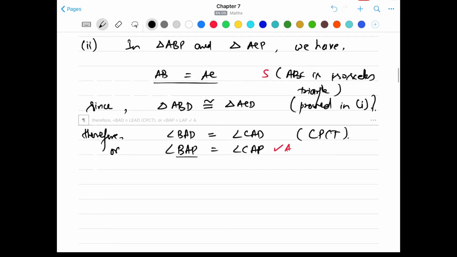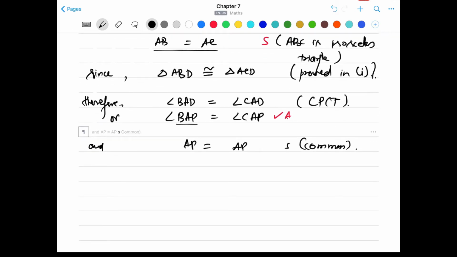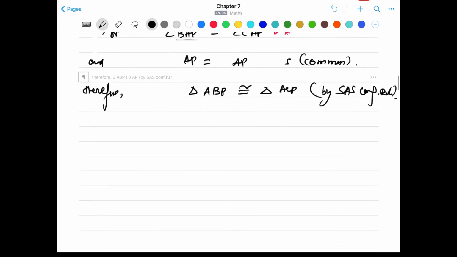So we'll write AP equals AP, which is common for both triangles ABP and ACP. And so we got the third side here. So by side angle side, therefore triangle ABP is congruent to triangle ACP, and that is by the side angle side congruence rule. So we proved the second part of question number 1 also.